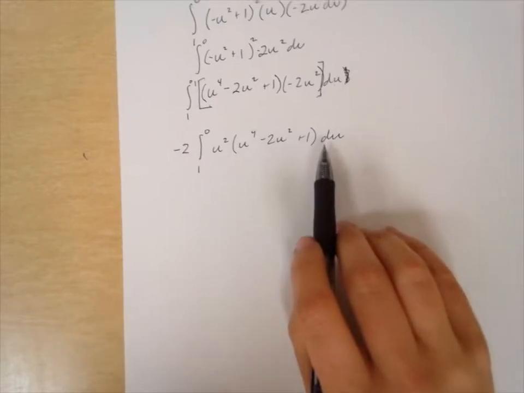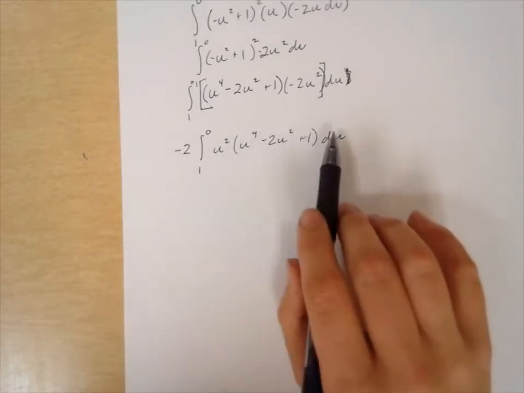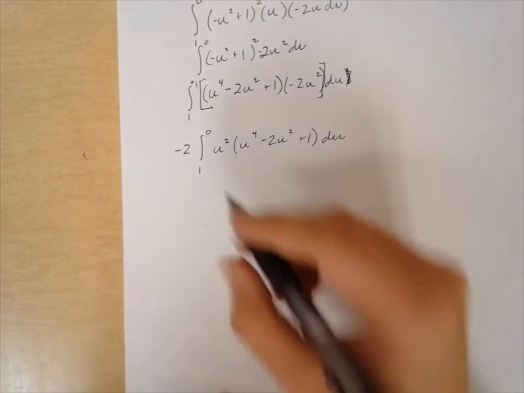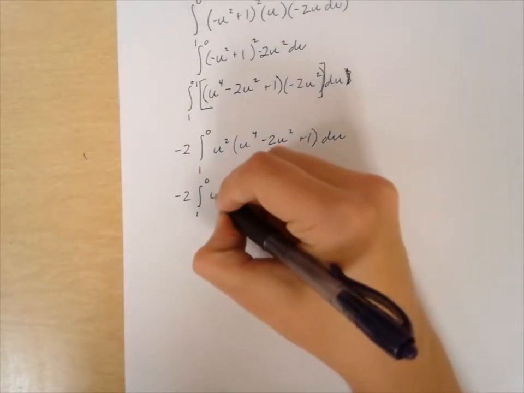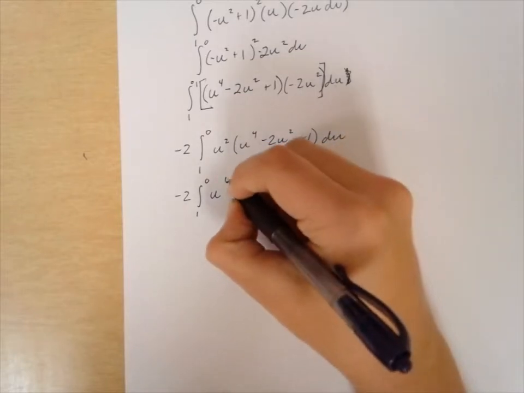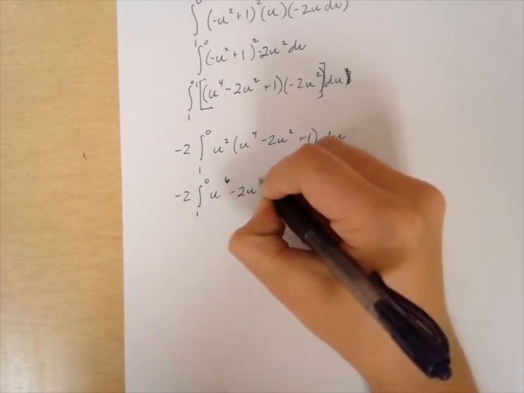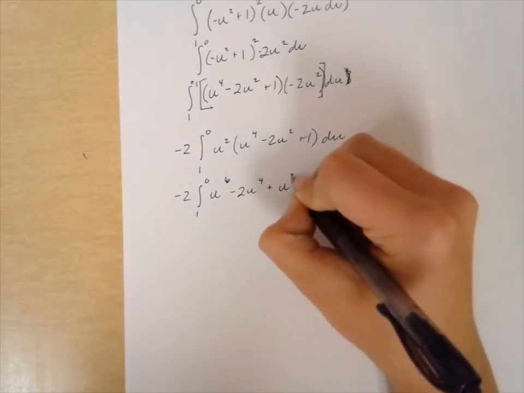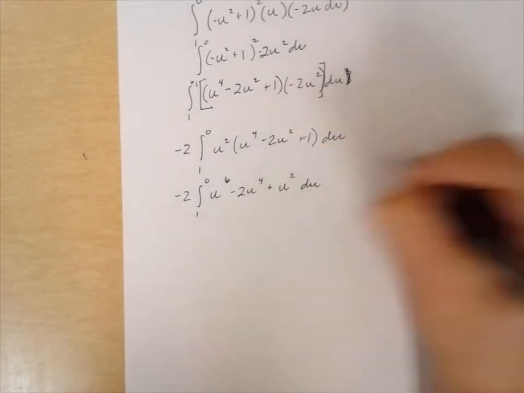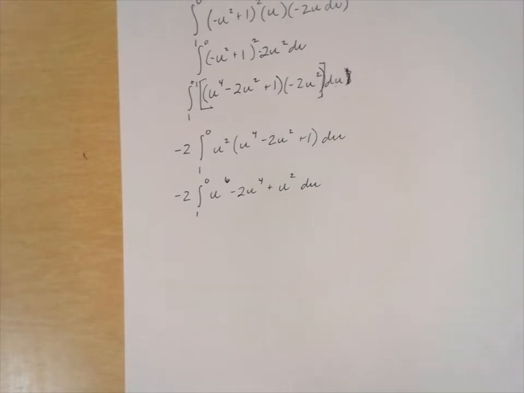Another step I could take here is to distribute the u squared to everything in this trinomial. So I get negative 2, integral from 1 to 0, u to the 6th minus 2u to the 4th plus u squared du. Okay.